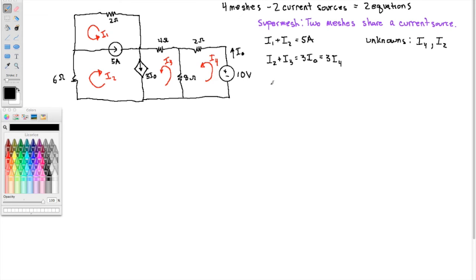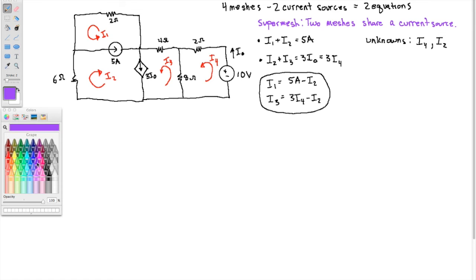From these two relationships, I1 is 5 amps minus I2. So if we knew I2, we could get I1, and if we knew I2, we could get I3. Here are our relationships from the current sources. The current sources give us information regarding our unknowns.